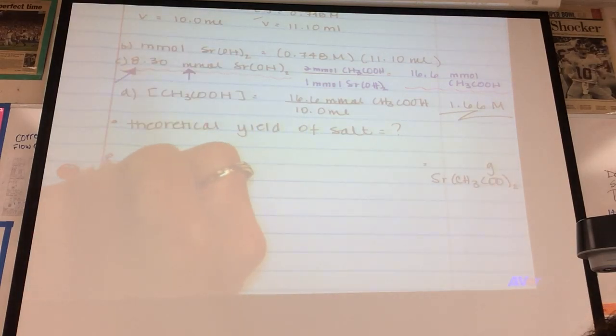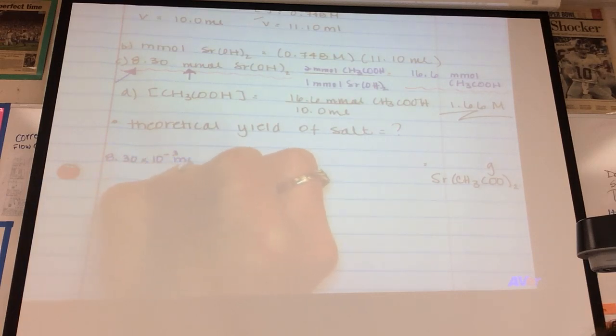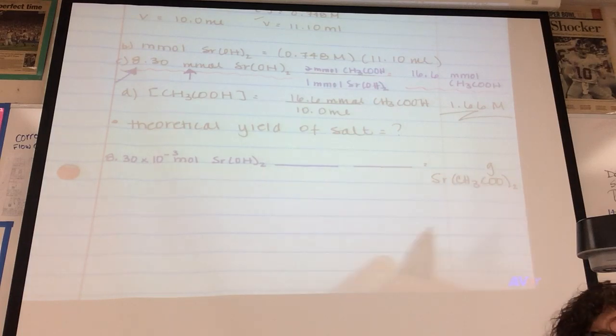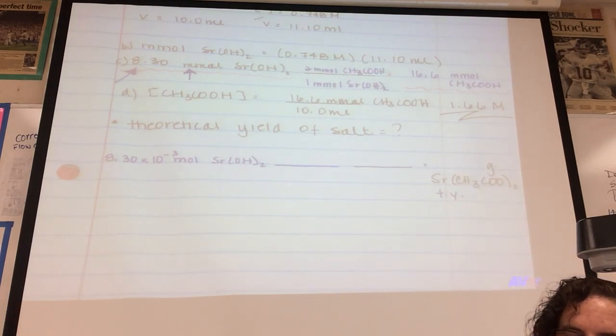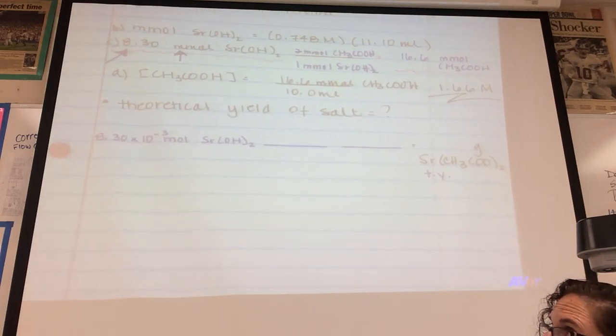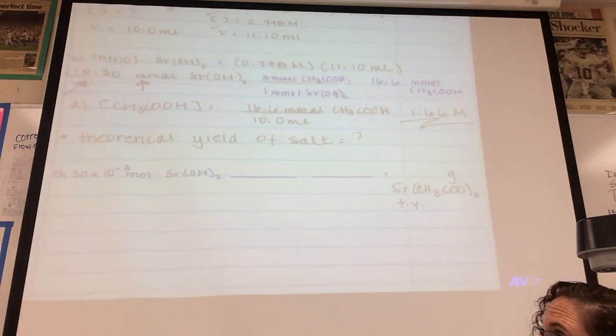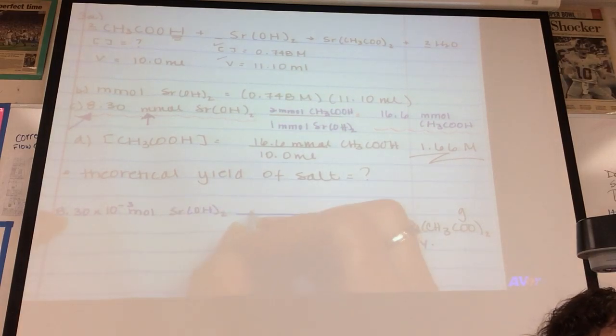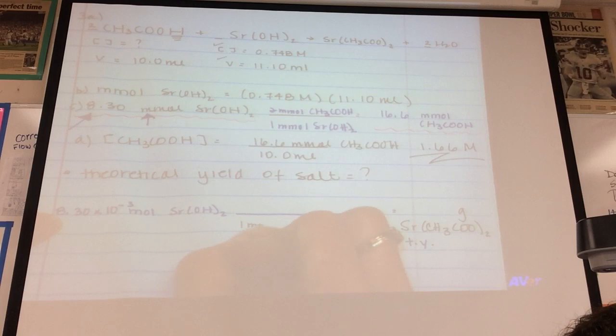So if you had 8.30 times 10 to the negative third moles of strontium hydroxide, in 2 steps, can you get to the theoretical yield? Sure you can. You already know how to do this. It's just a matter of remembering. So from the balanced equation, which I'm going to pull down so you can see it, for every 1 mole of strontium hydroxide, you have 1 mole of salt.